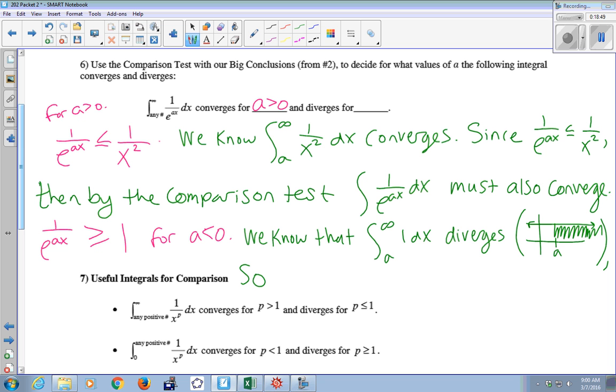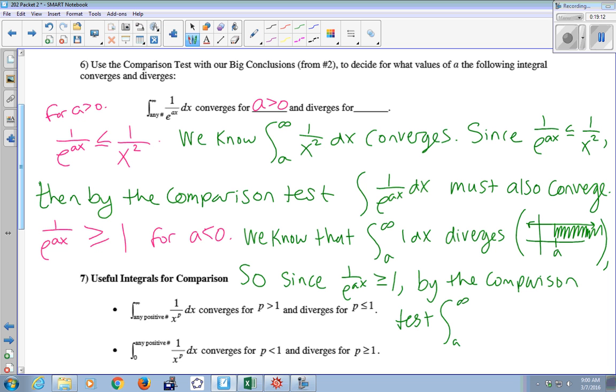So since 1 over e to the ax is always bigger than 1, by the comparison test, the integral from a number to infinity of 1 over e to the ax dx also diverges.